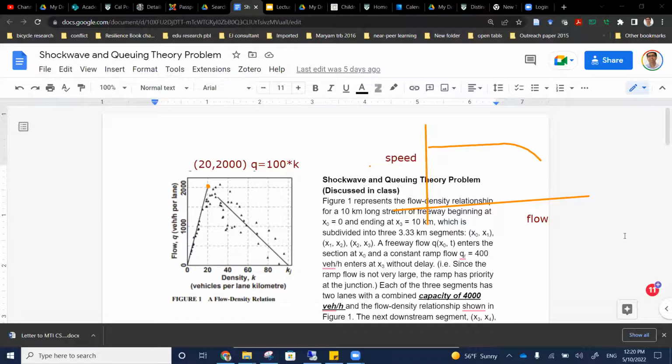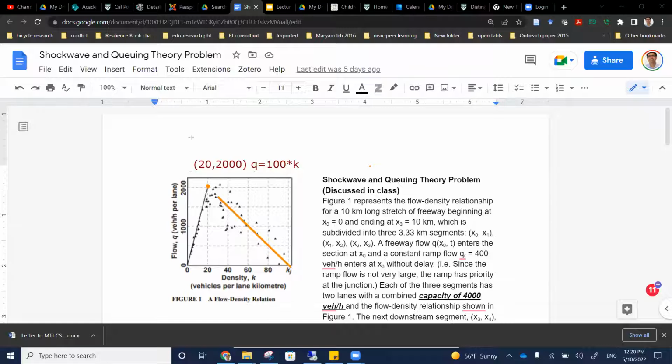Now, on the other side of this same chart, I have something even more interesting. This line right here represents the speed flow relationship in a congested situation, once the demand exceeds capacity.